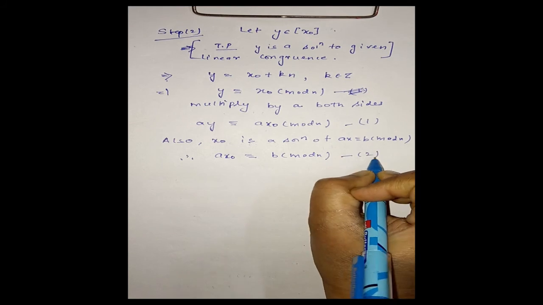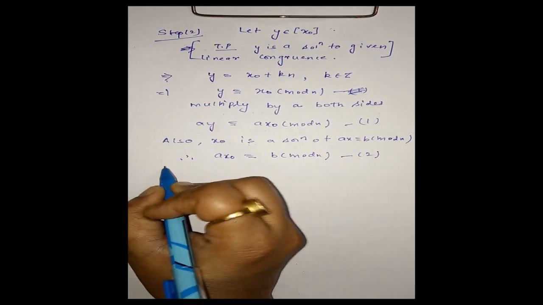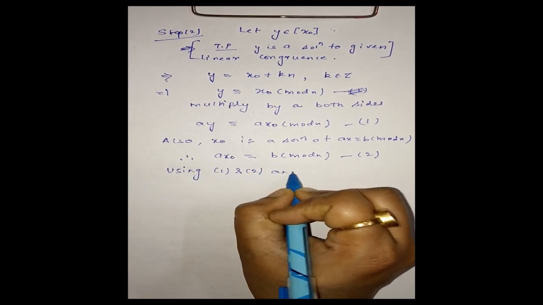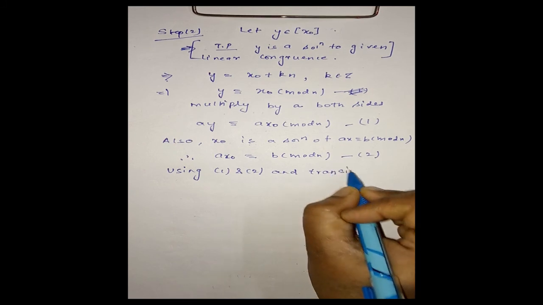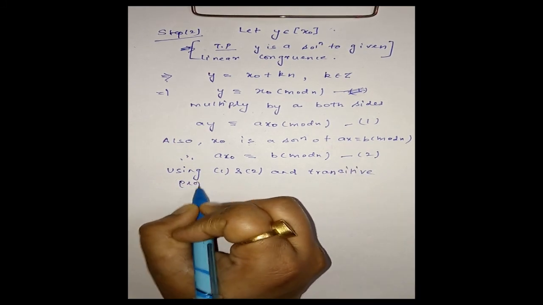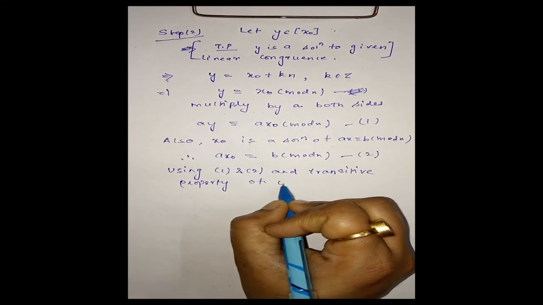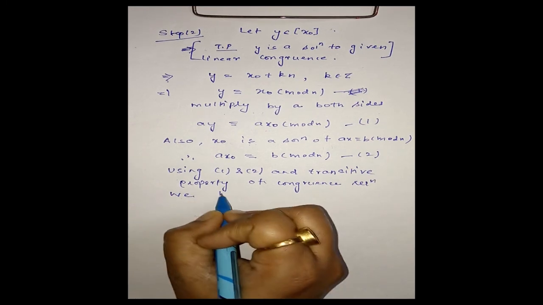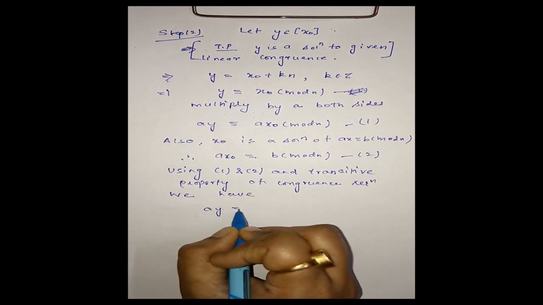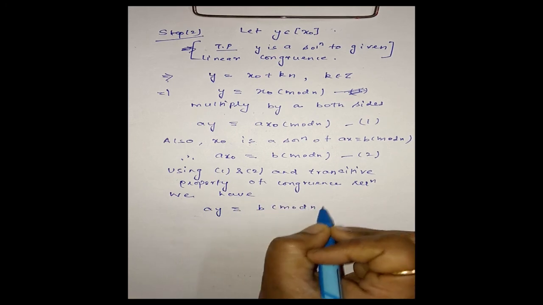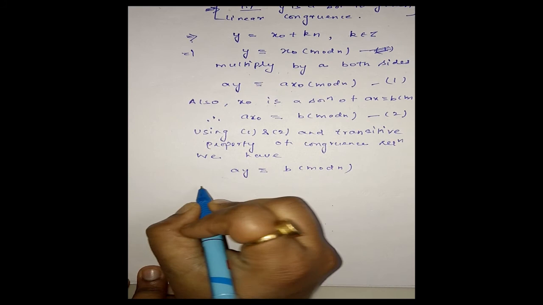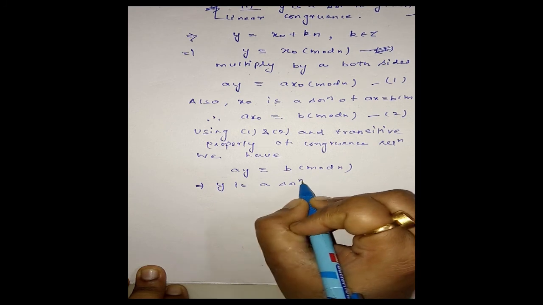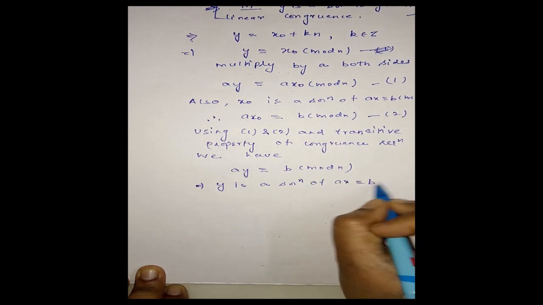Now using 1 and 2 and the transitive property of the congruence relation, we have ay is congruent to b modulo n. This implies y is a solution of ax congruent to b modulo n. Clear?